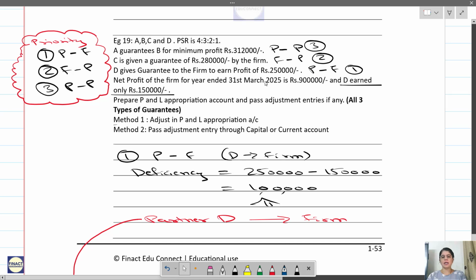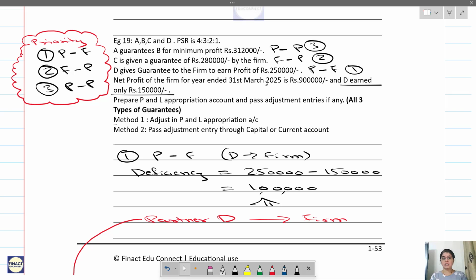D said that I will bring in so much business that from my side your profit will be 2,50,000. He has told the firm. But when they analyzed this 9 lakh profit, they came to know that D was able to bring only so much business that earned the profit of 1,50,000. So from D's side there is a deficiency of 1 lakh, correct?